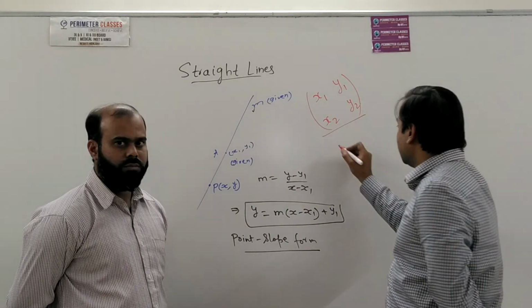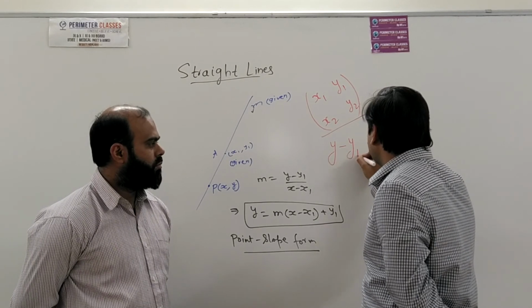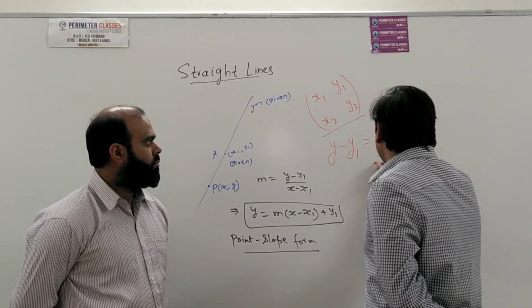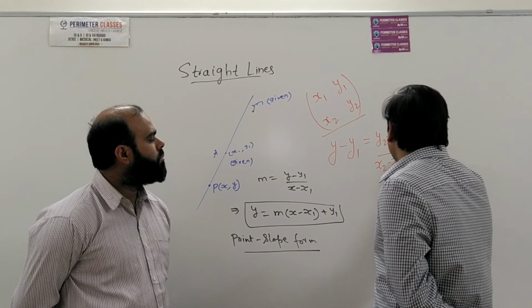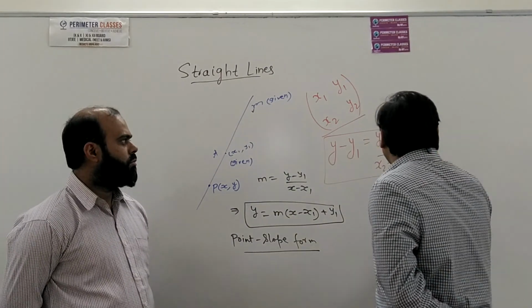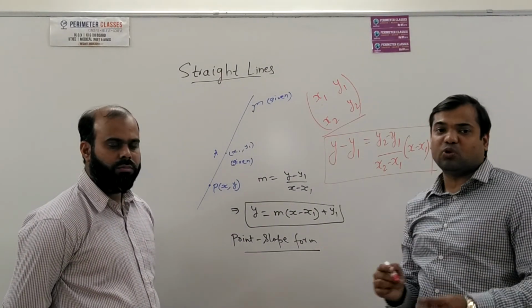In this case, the equation of the straight line can be written as y - y1 = (y2 - y1)/(x2 - x1) times (x - x1). This is the general form of a straight line when the coordinates of two points are given to us.